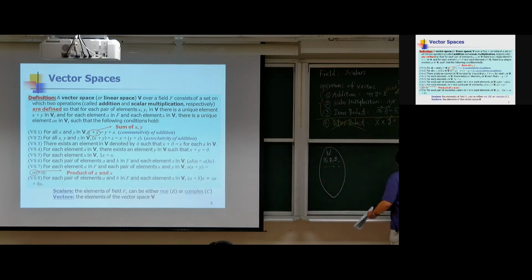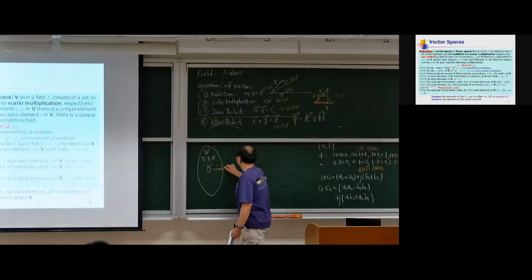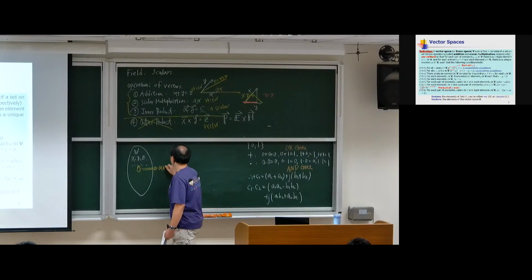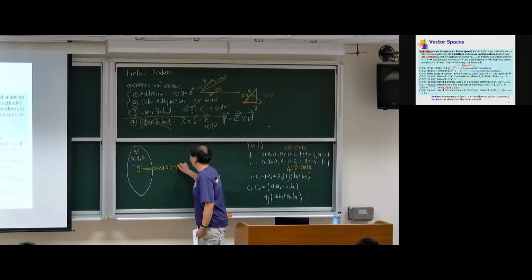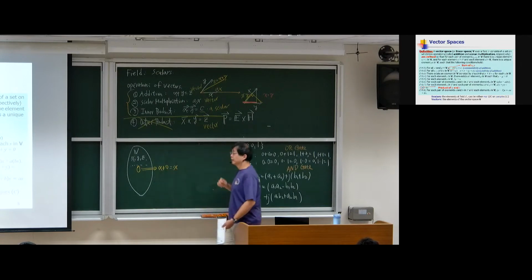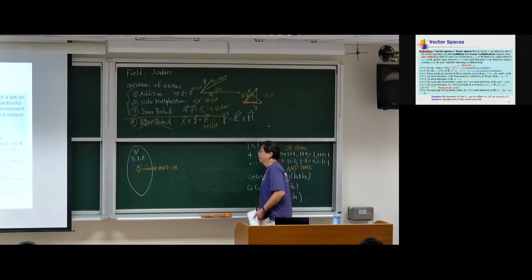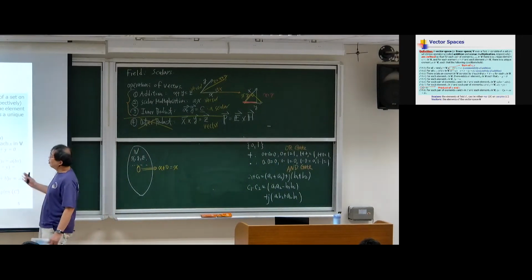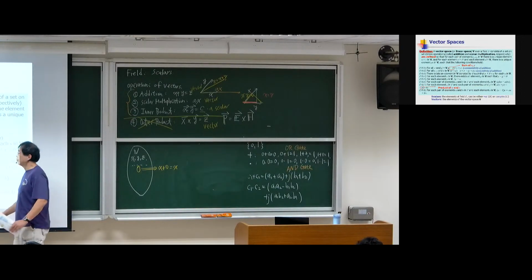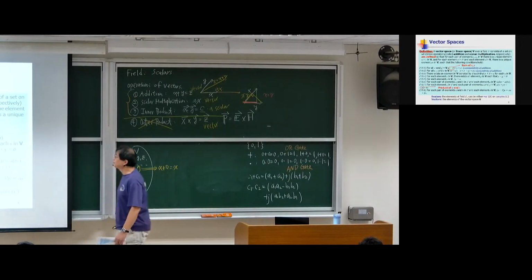So in the vector space, the 0 vector must exist, and if I add the 0 vector to any vector in this vector space, it equals the vector itself.